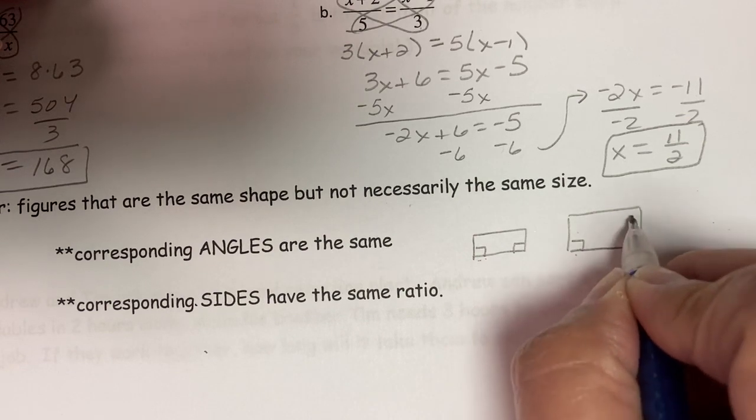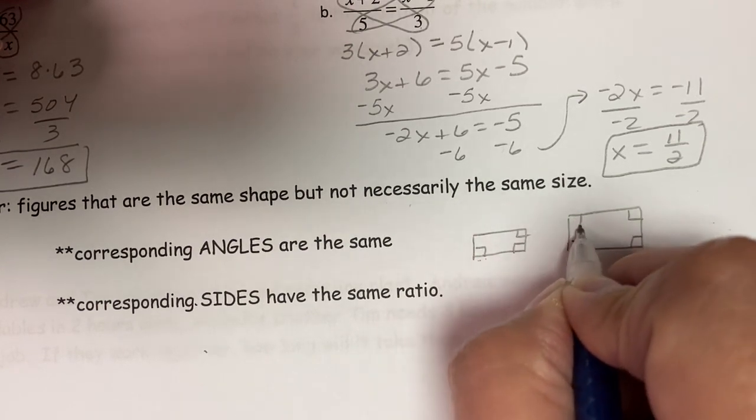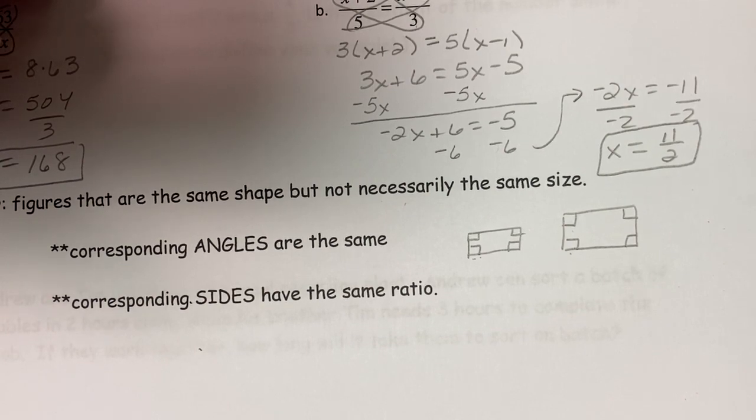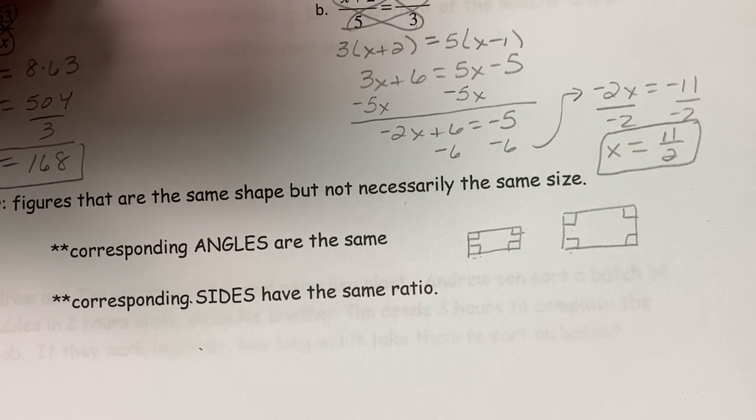And then, in fact, all pairs of corresponding sides will be 90 degrees. So when you have two similar figures, the corresponding pairs of angles are equal. The corresponding sides have the same ratio. Maybe the ratio is 2 to 1, maybe the ratio is 3 to 5, whatever that is, they have the exact same ratio.